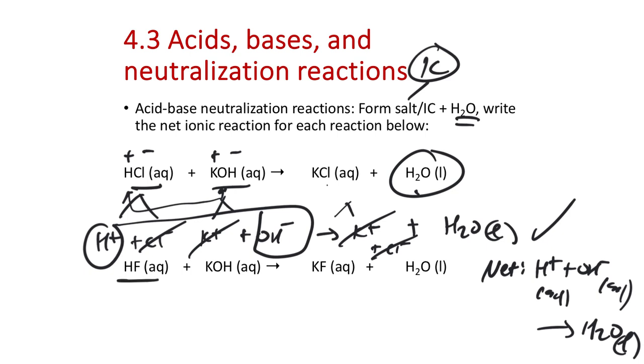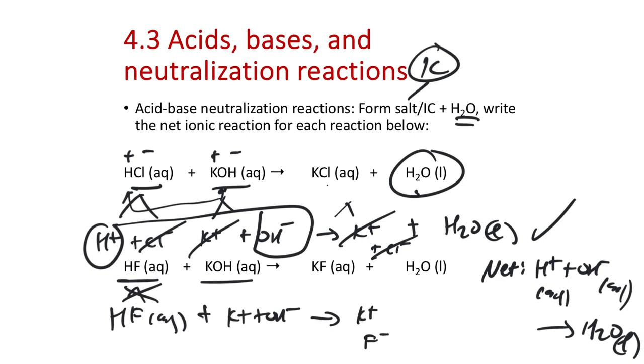Now, the only difference here with HF and KOH is that the OH- has to go hunt out the H+ off of the fluoride ion. So it has to actually go, if you will, attack the HF. So the HF stays intact. It doesn't dissociate because it's not a strong electrolyte. KOH does. And then we get KF, a water-soluble ionic compound, so I get K+ and F-, water liquid still, just like above.